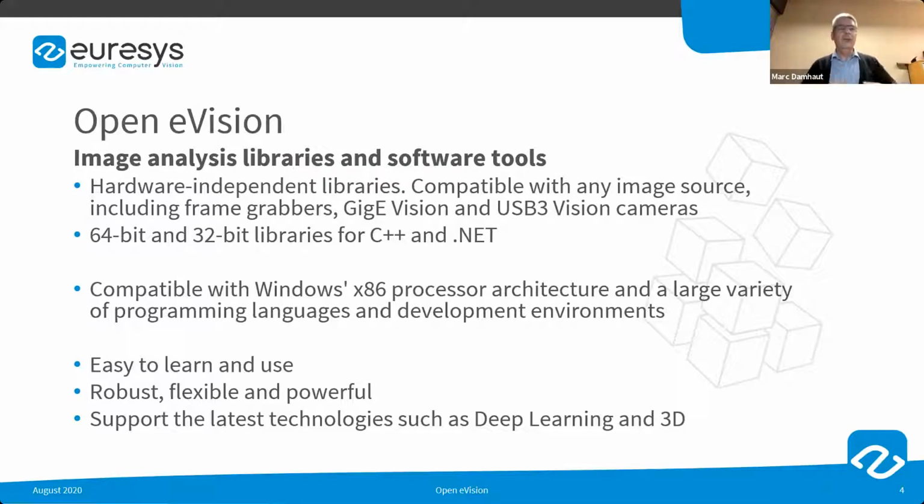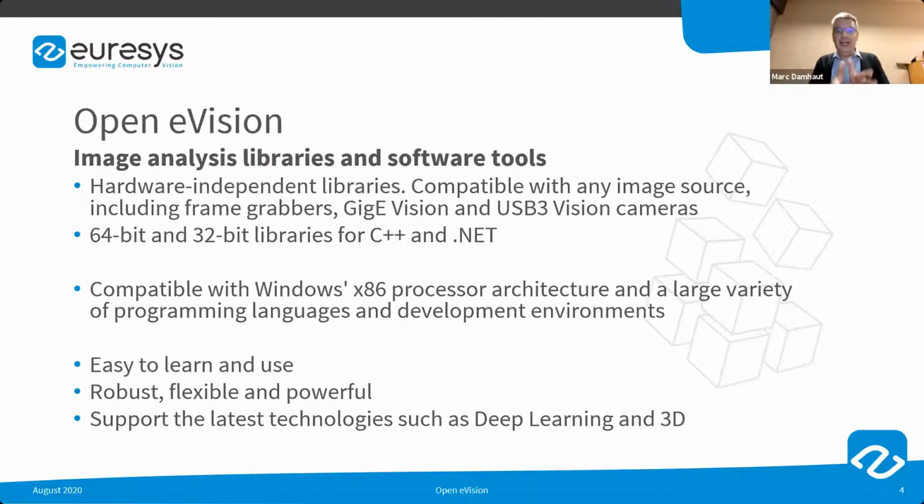So you can use the Open eVision libraries even if you do not use Euresis frame grabbers. You can use frame grabbers from the competition, or you can use no frame grabber at all, for example, with a GigE Vision camera or a USB 3 Vision camera. The Open eVision libraries are 64-bit and 32-bit libraries.